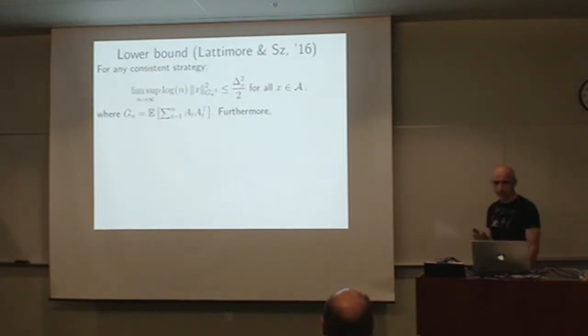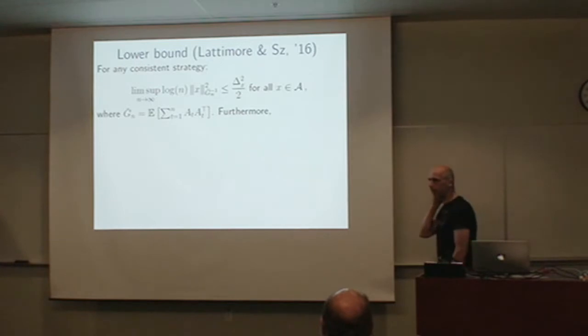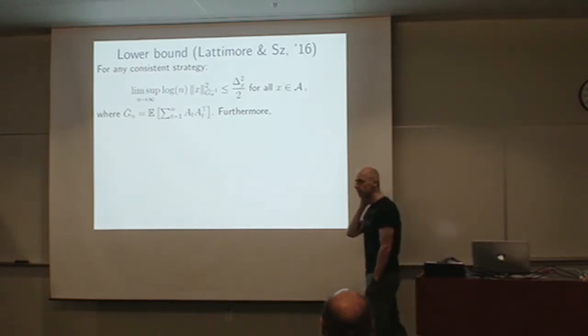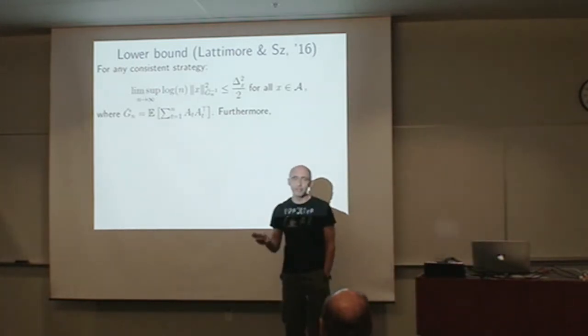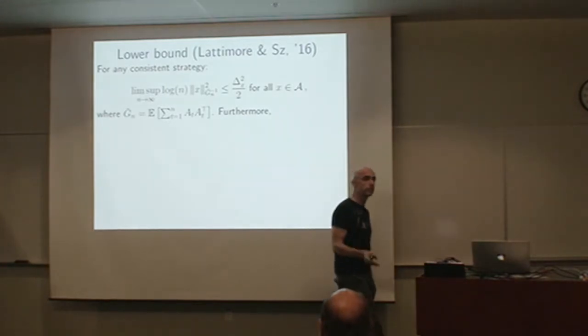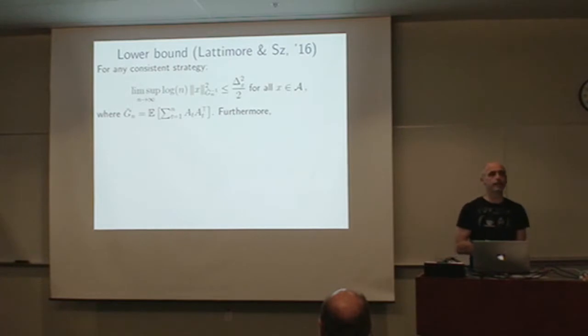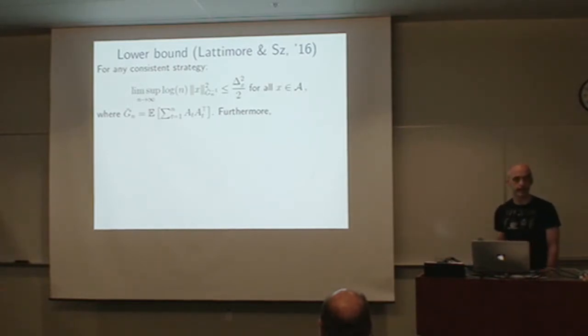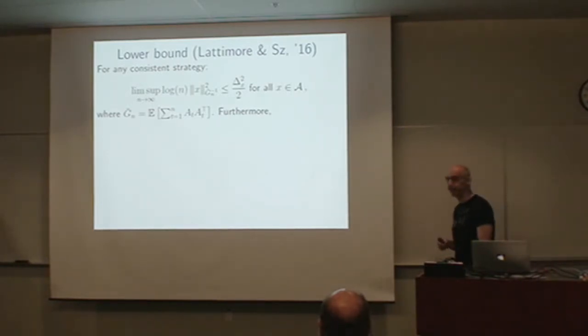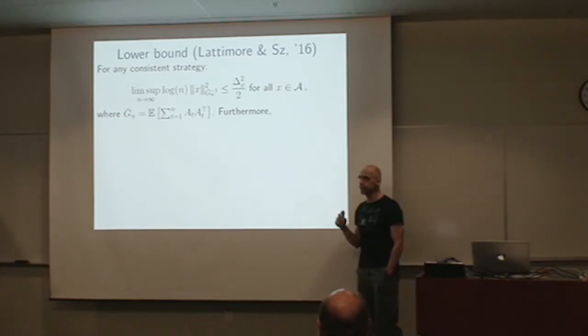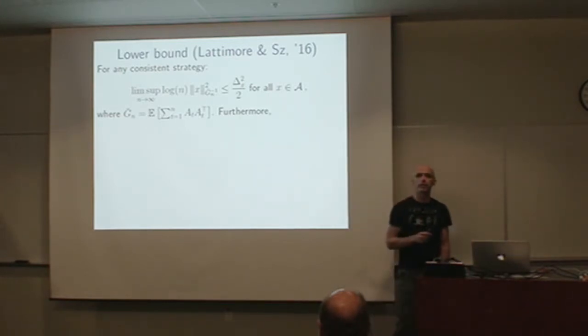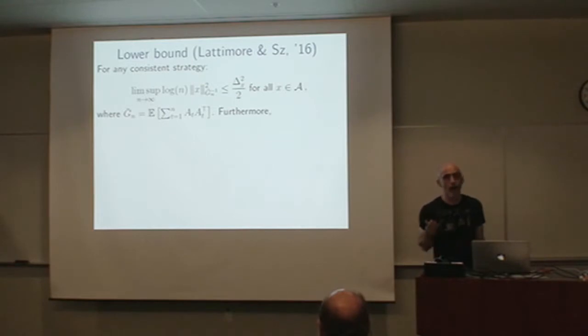So in this work, we set out to understand the finer problem structure: problem-dependent upper and lower bounds, logarithmic lower and upper bounds, for this finite-time linear bandit setting. This is the lower bound that we get. We started with a lower bound to see how hard the problem is.